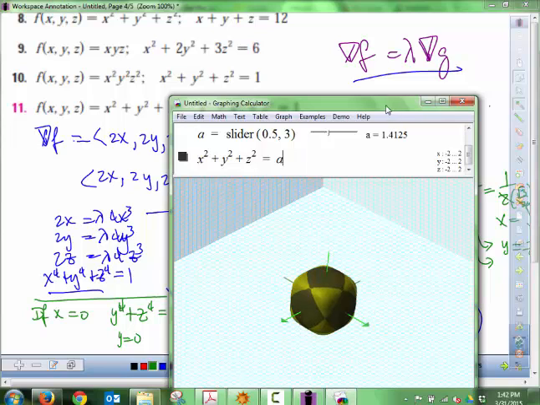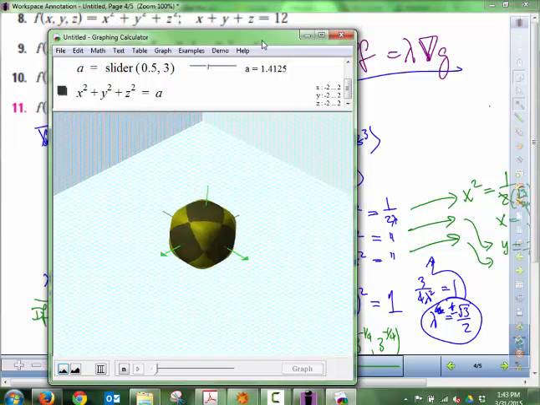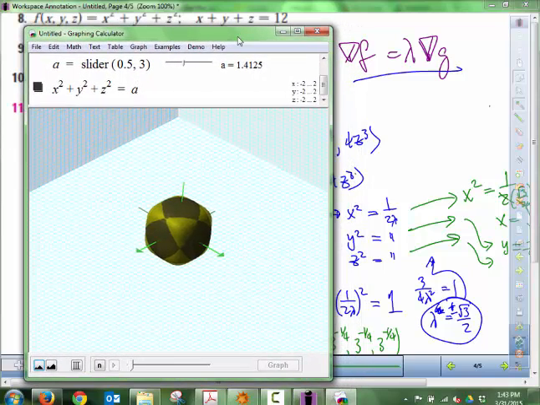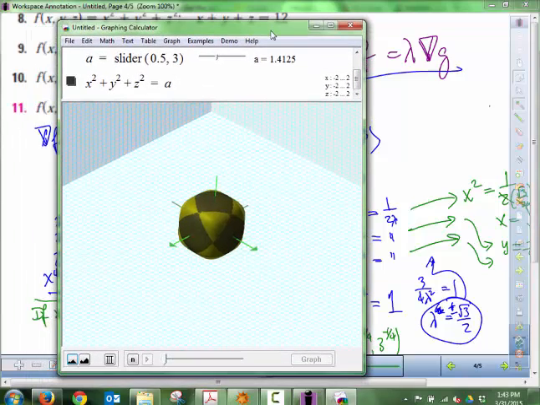But I got square root of 3 for that. Oh, we threw out the lambda, you remember? The negative lambda?